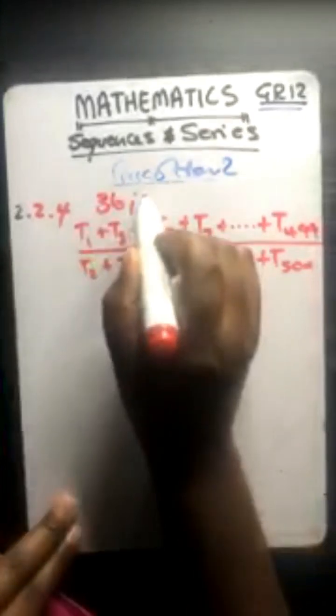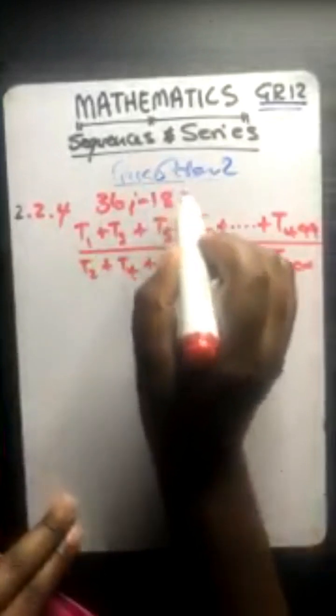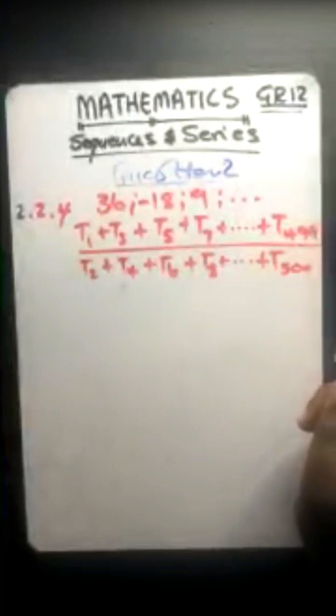Yes. Let me quickly try to write that sequence again. Remember, we had 36, and then we had -18, and then we had 9, then whatever there. With this type of question, guys, the examiner is trying to be smart, is trying to play some tricks, but there's something that you need to always remember.